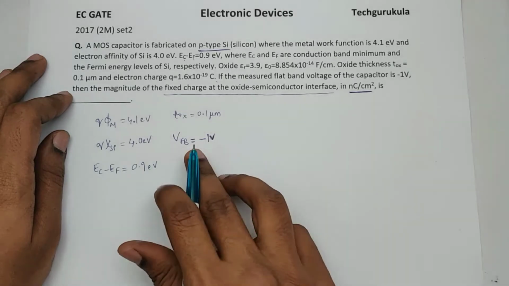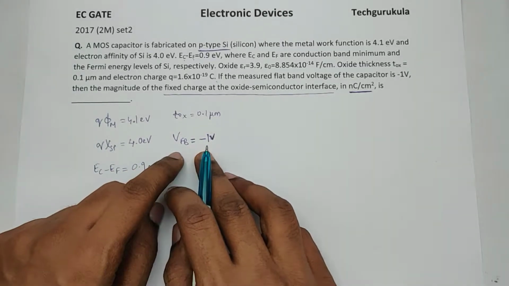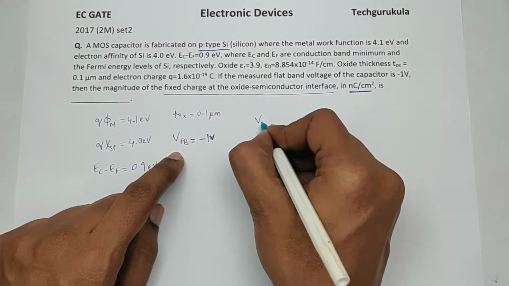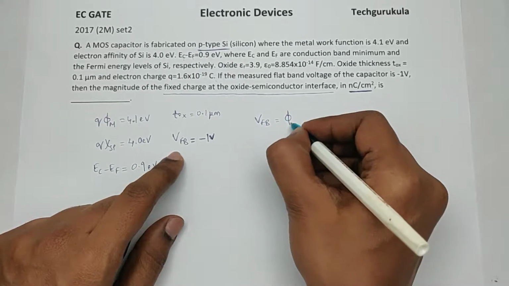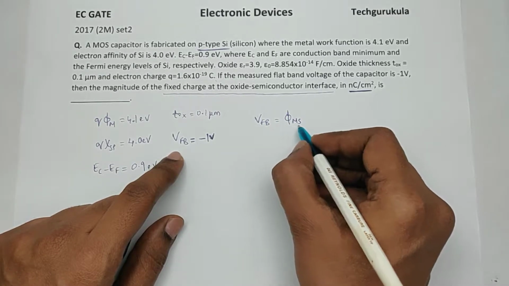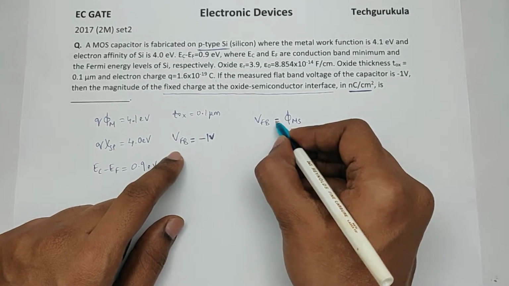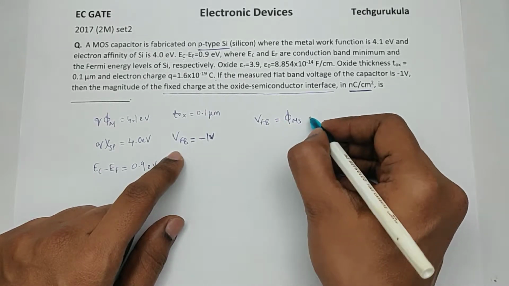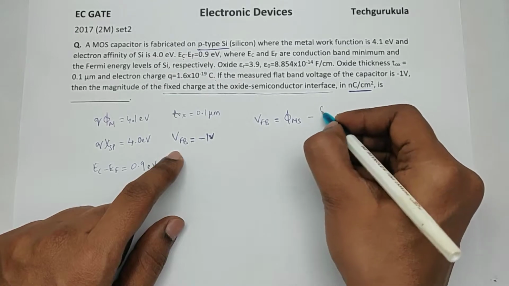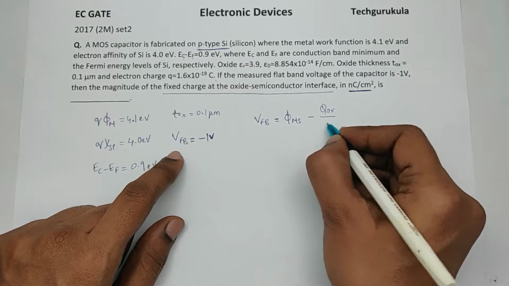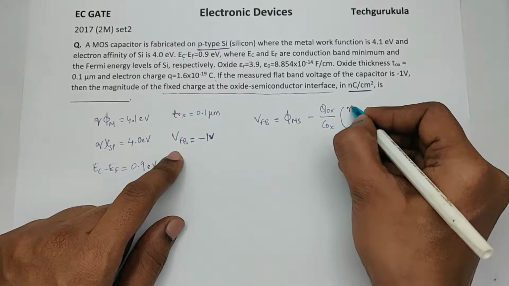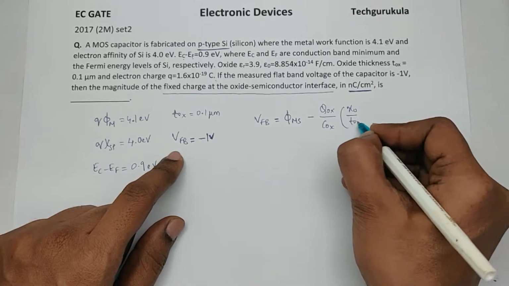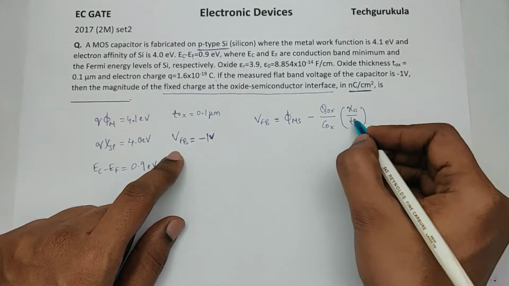The flat band voltage is given as phi ms, the difference between the metal work function and the semiconductor work function, minus the fixed charges in the oxide over Cox times X naught over Tox. What is X naught?